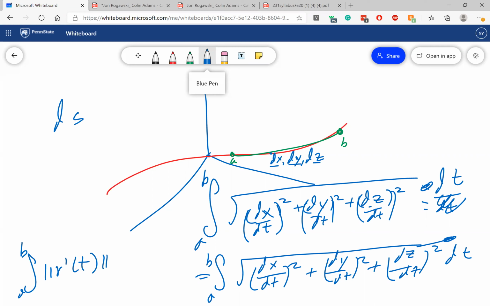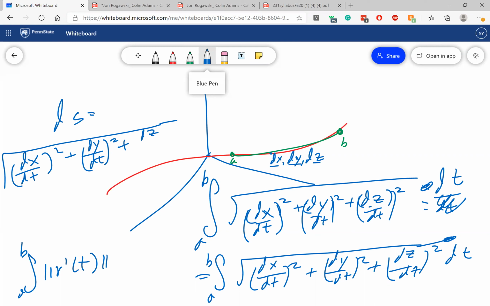You can actually write that out as the square root of dx over dt squared plus dy over dt squared plus dz over dt squared.